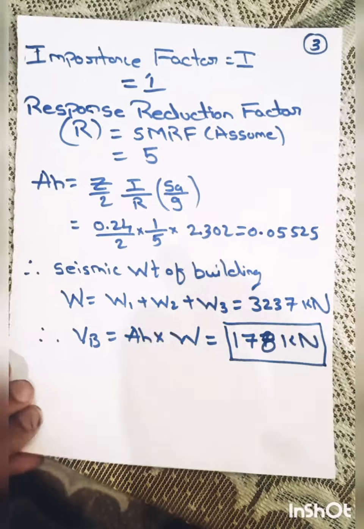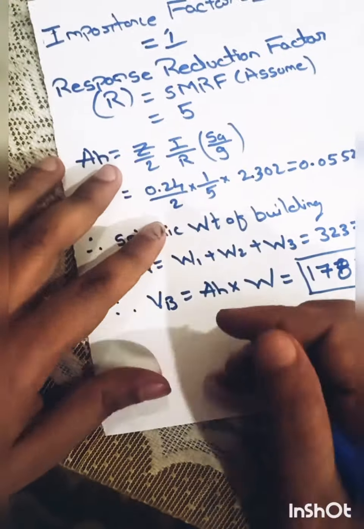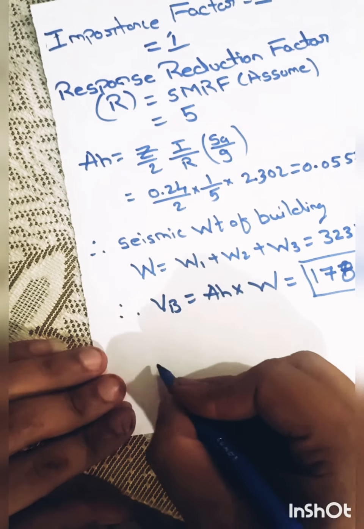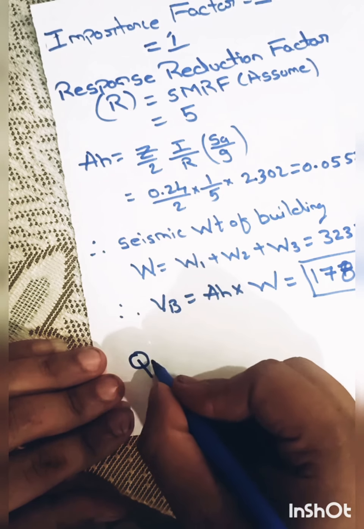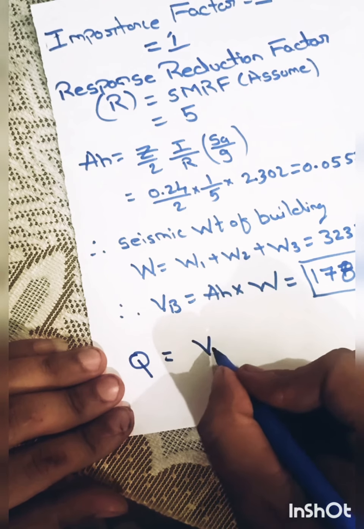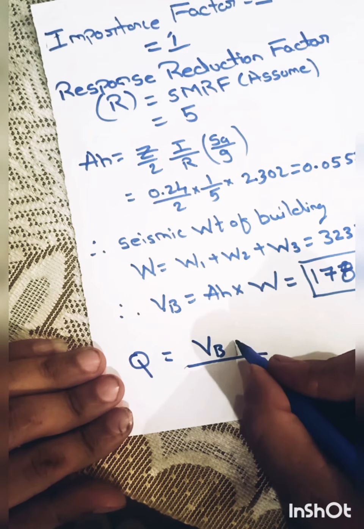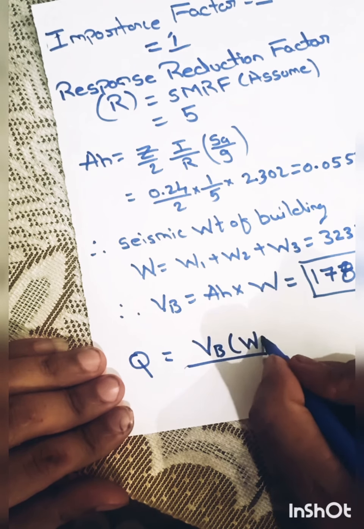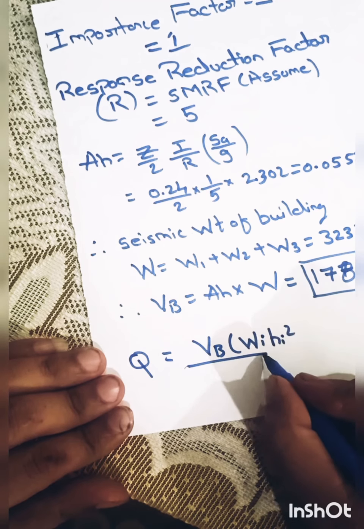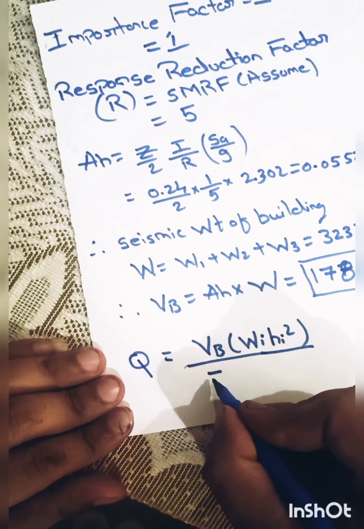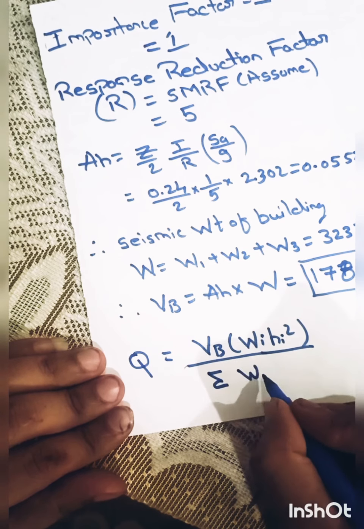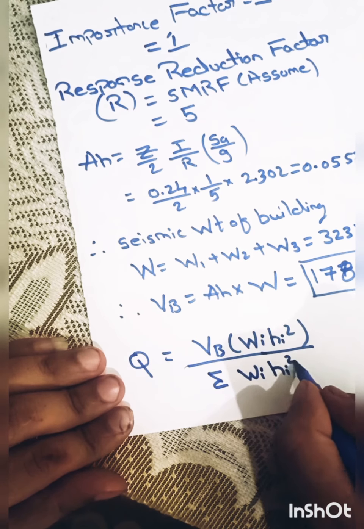So for this I will prepare a table. If we do it in a tabular form, it will be easier for us. Lateral forces as per IS 1893 is given by summation of Wi Hi square.